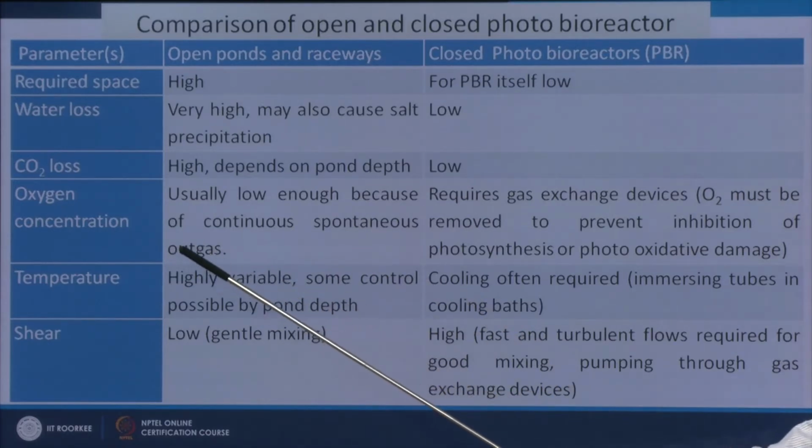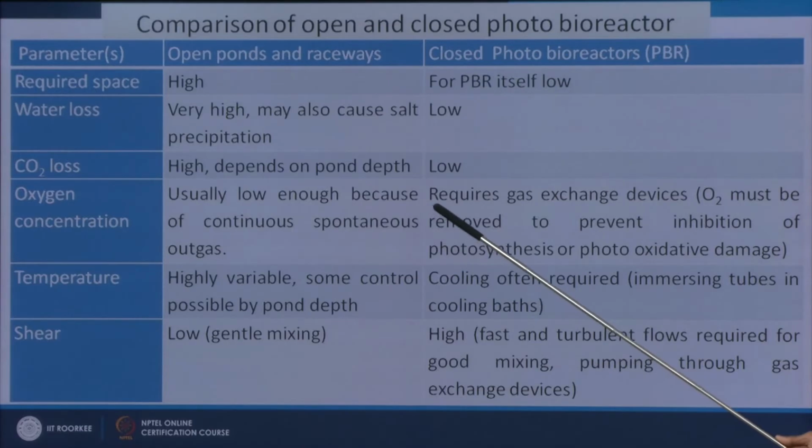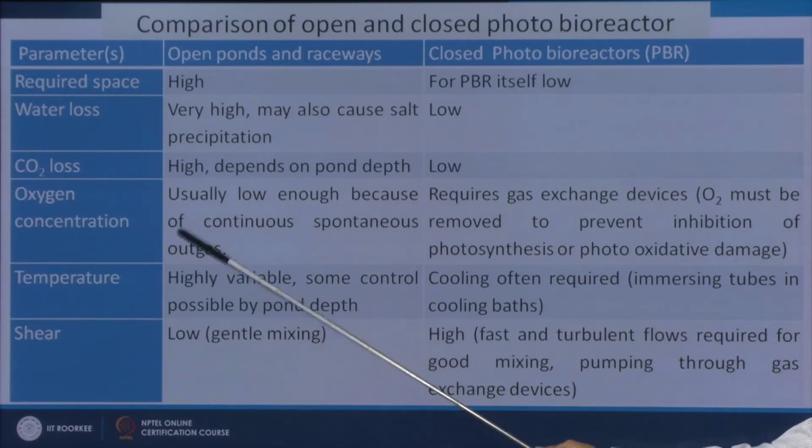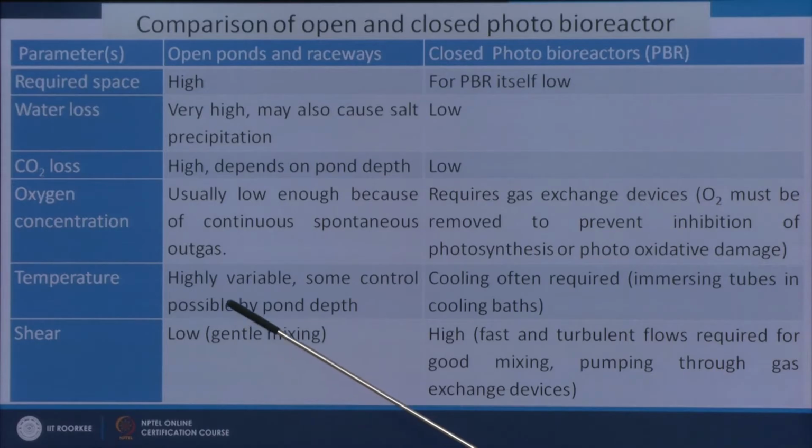Oxygen concentration: in case of closed photobioreactor we need to degas it, but here we do not need to degas for oxygen separation. And then temperature is highly variable, some control possible by pond depth, but temperature control is not very easily attained here, whereas in closed systems cooling is often required, we need to cool and we can maintain the temperature.